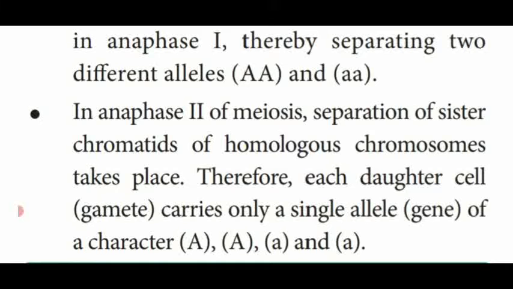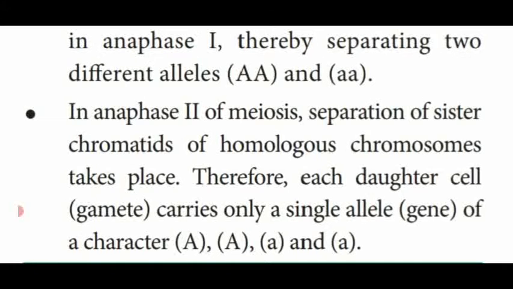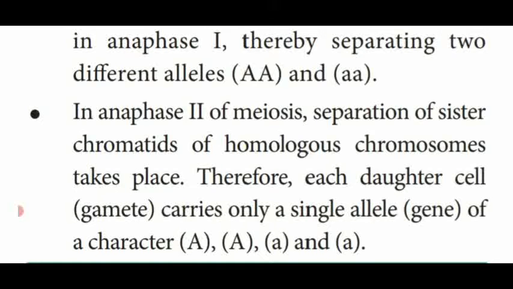A chromosome contains two arms, one the short arm and one the long arm, named chromatids. They are also named homologous sister chromosomes because these chromatids are present in the two sets of homologous chromosomes. Therefore, each daughter cell carries only a single allele of a gene, a character, A or small a.